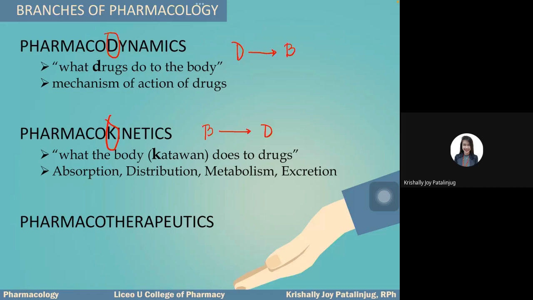Okay, so under kinetics, what does the body do to the drug upon taken, administered in the body? Our body will simply absorb that drug. It will distribute it to the systemic circulation. It will metabolize the drug and later on excrete it. Okay, so that is being covered under kinetics. And these two branches of pharmacology, they are interrelated.